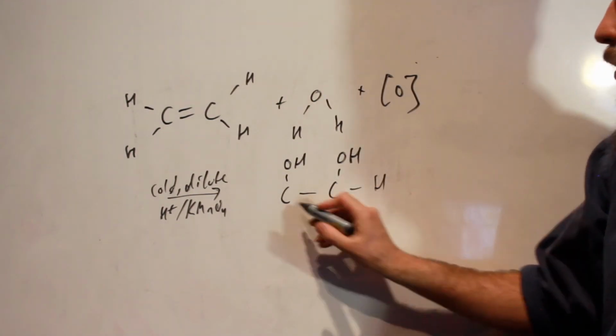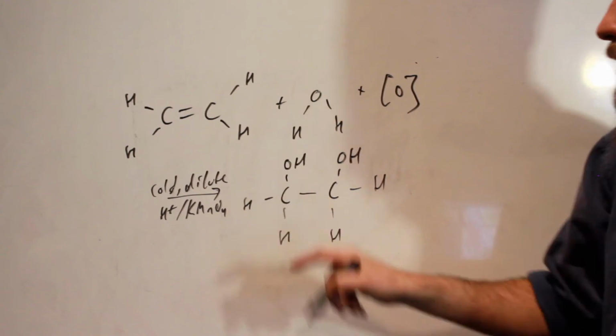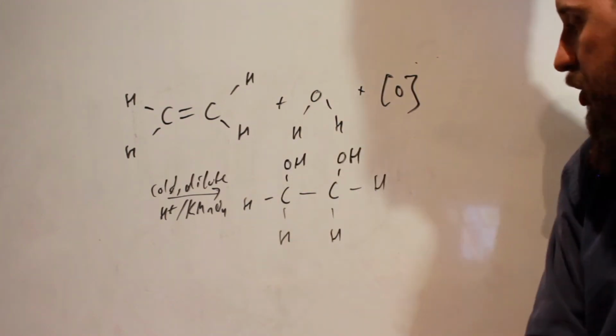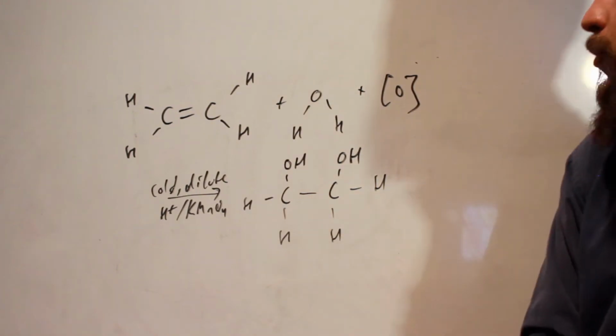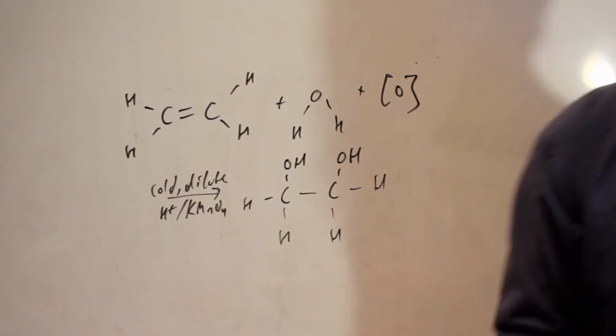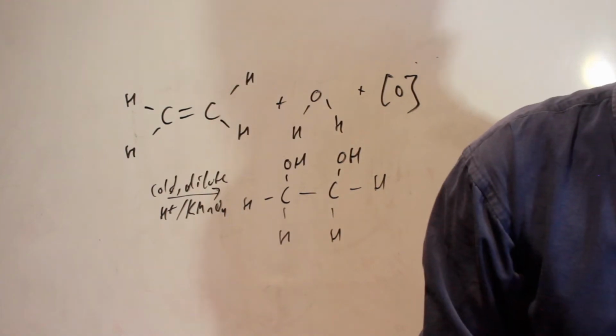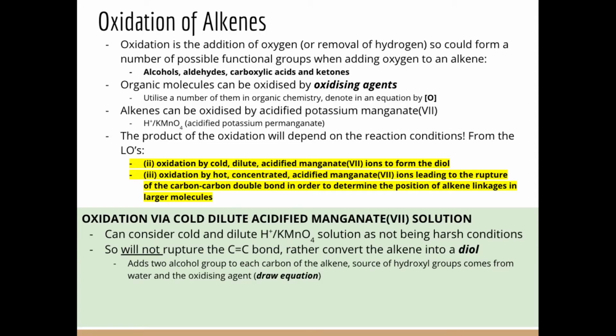And we form ethene-1,2-diol, showing that the hydroxyls are on carbon 1 and carbon 2 respectively. So that's our first instance of oxidation of an alkene, cold and dilute to form the diol.